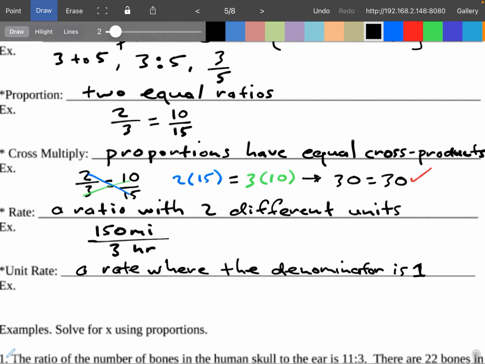And then for the last one, if you want to make a unit rate, all you have to do is divide. So if you use that same example, if I have 150 miles over 3 hours, well, if I go ahead and divide these, so I want to divide.